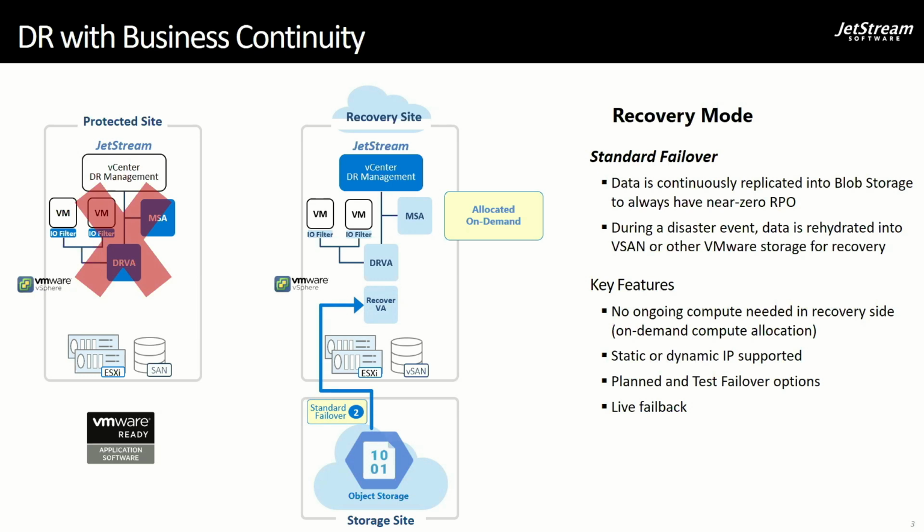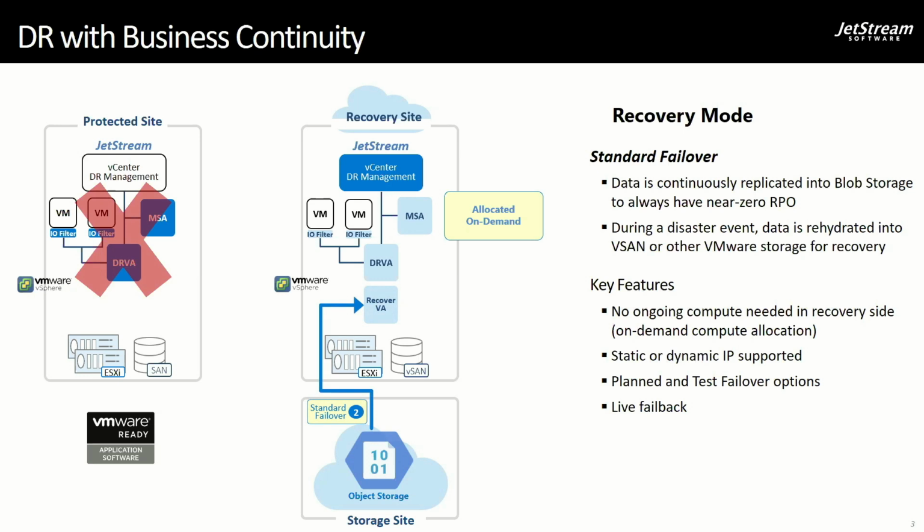So what we'll see in this case, you've gone to the vSphere client on the recovery side, you've gone to our UI, you've selected the protected domain you're interested in, and you start a failover. As you go through the process of starting the failover, we're going to prompt for the DR virtual appliances. So I described it before.